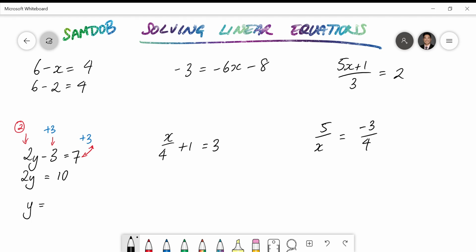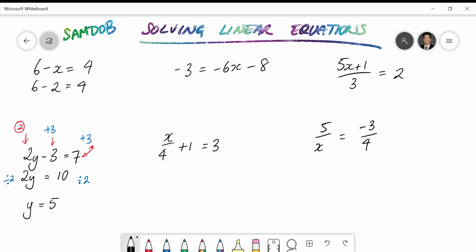The second step is to get rid of the 2. To get rid of the 2, you want to do the opposite to how it is currently attached. The relationship between 2 and y is multiplication, so the opposite of that is division. We need to divide both sides by 2, and your answer is going to be 5.